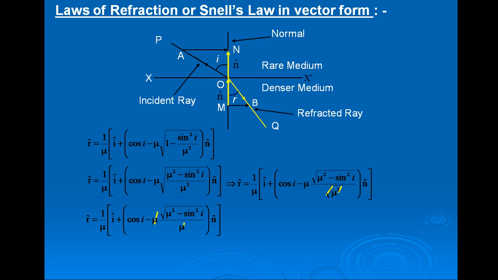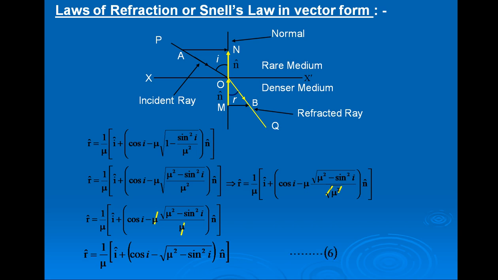Now mu and mu cancel each other, therefore we get r cap is equal to 1 upon mu into, within the square bracket, i cap plus, within the small bracket, cos i minus under root mu square minus sin square i, into, outside the small bracket, n cap unit vector. Put this as equation number 6.